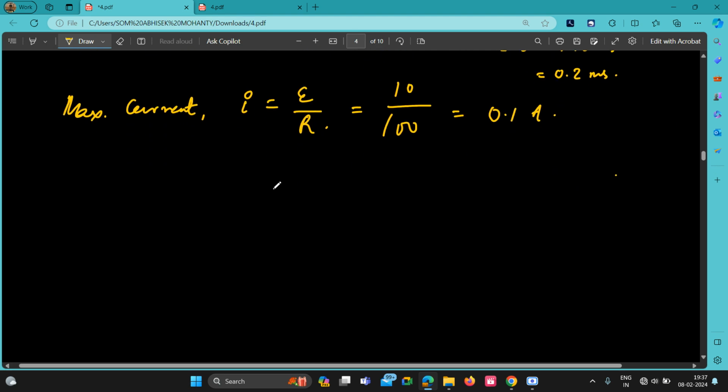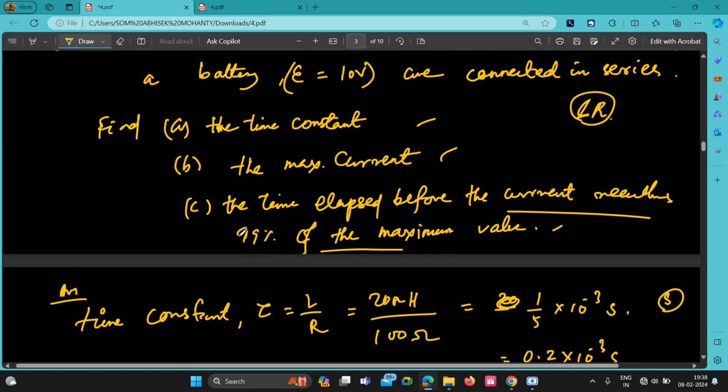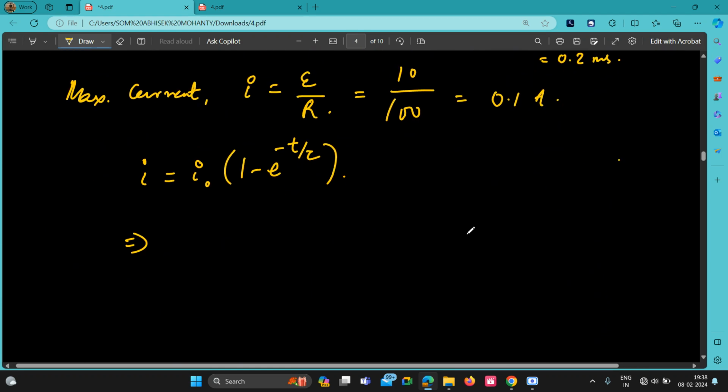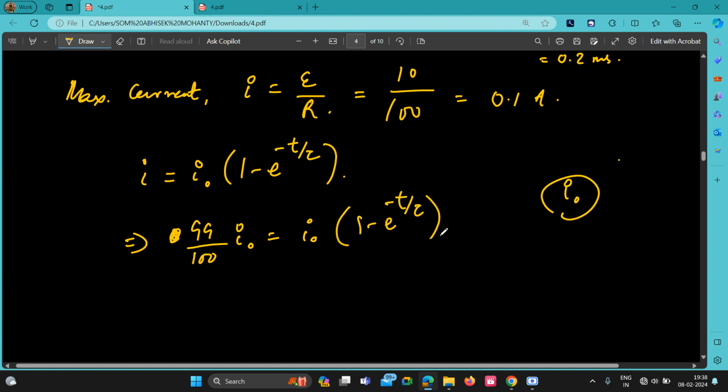Now see, the time elapsed before the current reaches 99% of the maximum value. What kind of formula will be used here? We will use I is equal to I naught into 1 minus e to the minus t by tau. I is 99% of the maximum value, and maximum value we know is I naught. So 99 by 100 I naught is equal to I naught times 1 minus e to the minus t by tau.